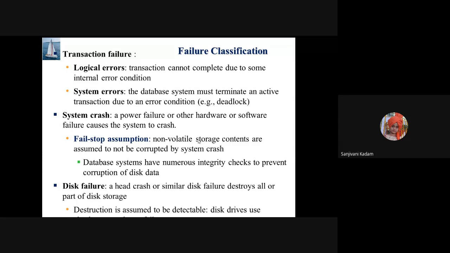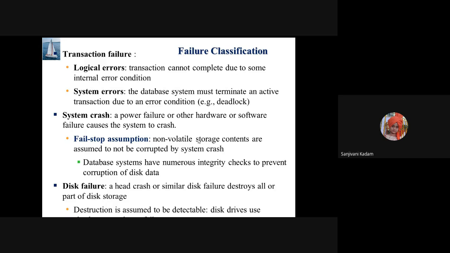Next, a system crash. System crash means that this is actually a physical harm to my machine. For example, a power failure. I'm performing some operation, some power failure occurs, or at the server I'm facing a problem that is a physical problem, not a system or software problem, because of which any of the hardware doesn't work, or the software I'm trying to access has crossed some limit, and because of which it is facing some problem.